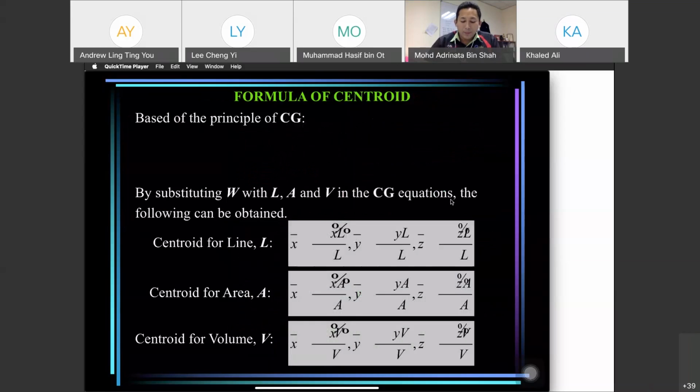Based on the principle of center of gravity, this is for line.